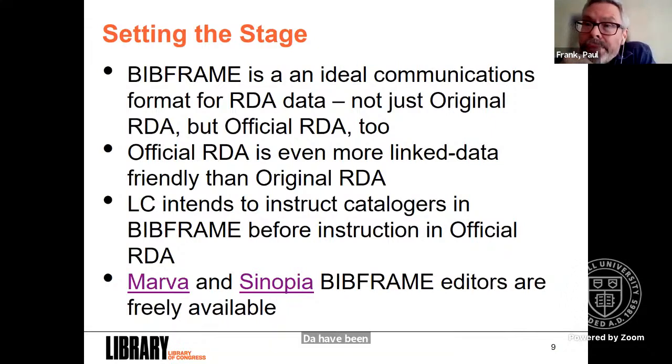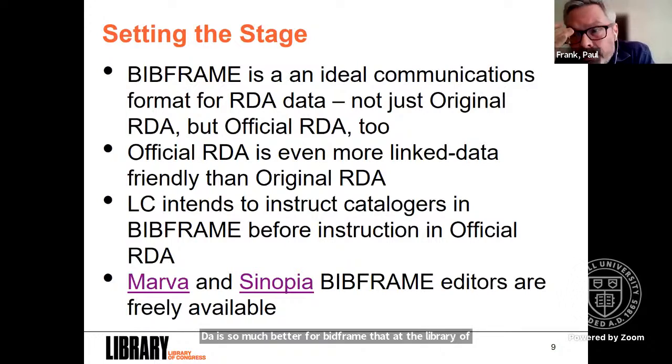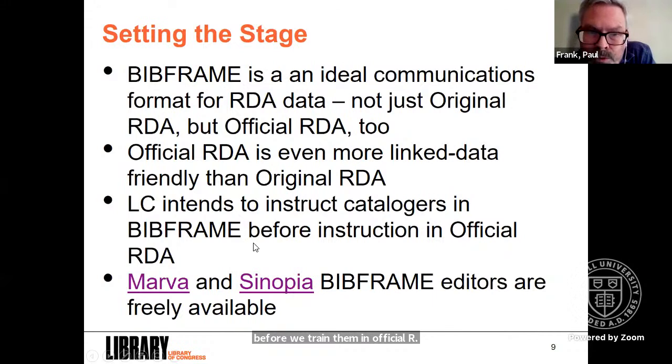And so the official RDA is so much better for BibFrame that at the Library of Congress, before we train catalogers in official RDA, once an implementation date is set, or if it is set, we're going to train them in BibFrame, so that they can see the semantics and not have it obfuscated by MARC.